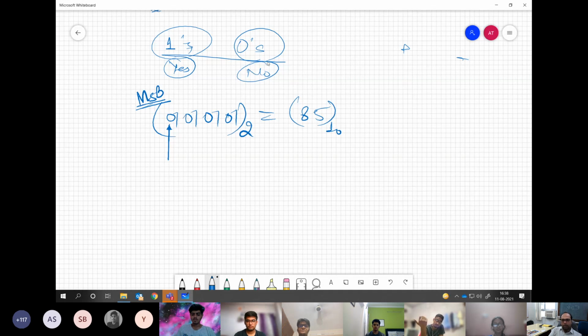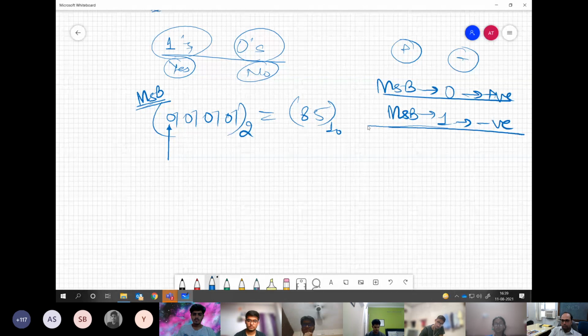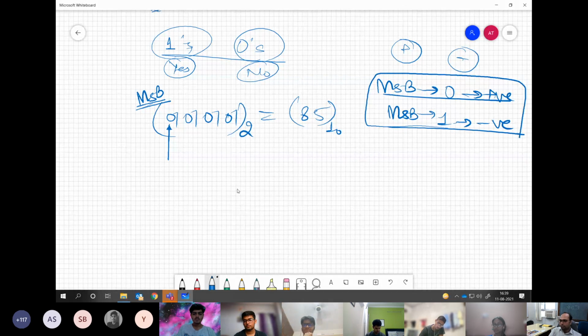And that signifies whether the number is positive or negative. If the most significant bit is 0, then the number is positive. If the most significant bit is 1, that means the number is actually a negative number. So the value is actually represented in the remaining bits. This is the magnitude of this number. The first bit is only there for the sign convention.